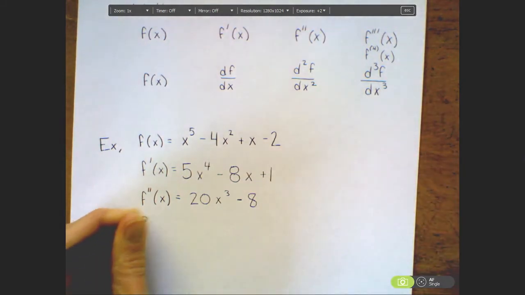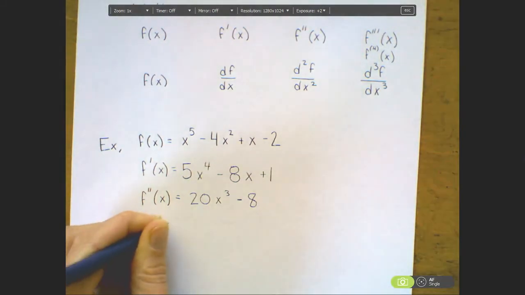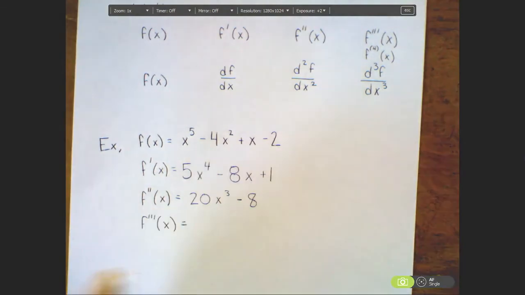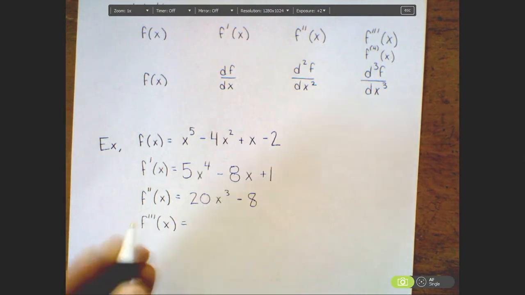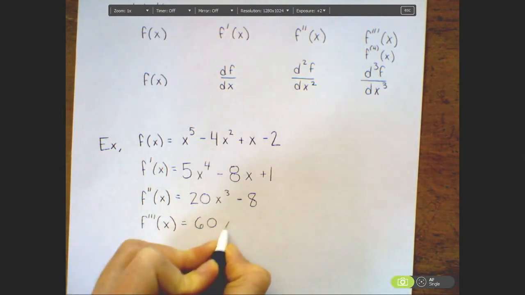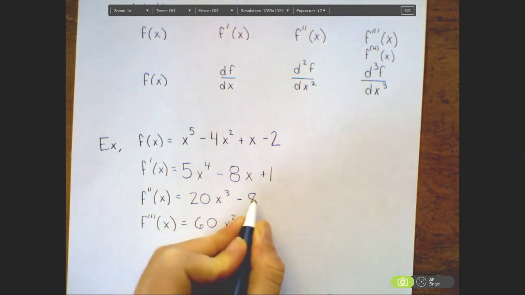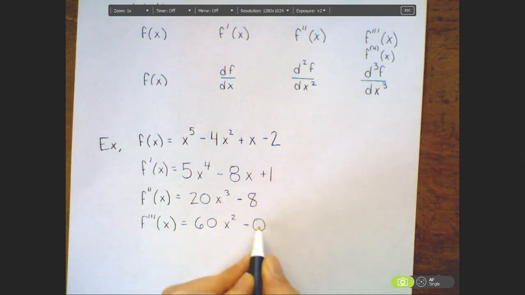And as you take successive derivatives of polynomials, it will always be the case that eventually, after enough derivatives of these types of functions, polynomial functions, you'll end up with a function of 0. Let's see how long it takes in this case. Let's do power rule again, and I get 3 times 20, which is 60x squared, minus this 8 just becomes 0. I shouldn't have written a 0 there, but it just clarifies.